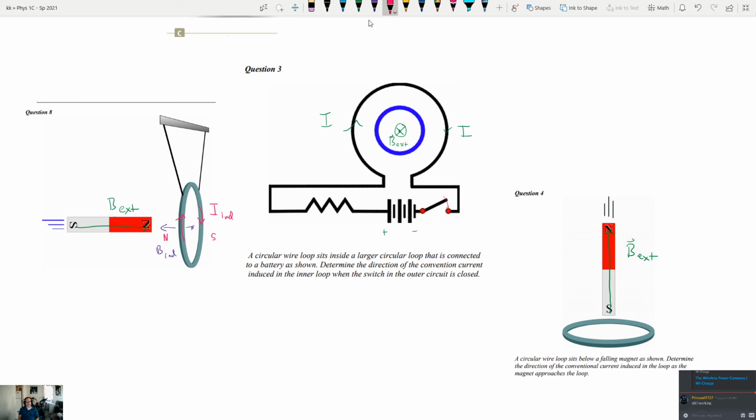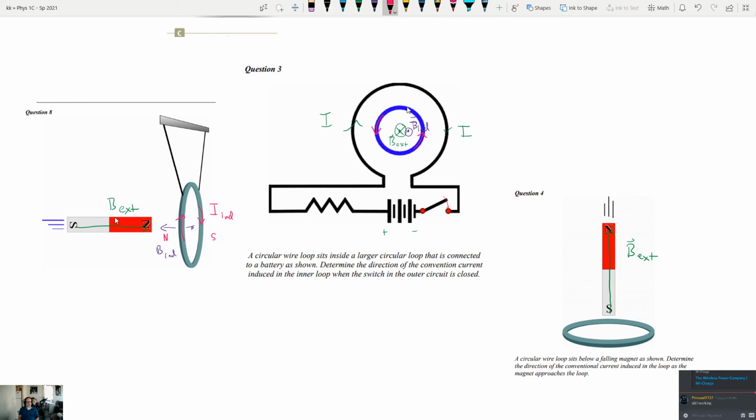So that means that we need to make our induced magnetic field point the other way. Out, right? Which means that our current basically has to be opposite the external current, right? So it has to go this way and this way, which is kind of consistent with what I was telling you in the last problem, right?